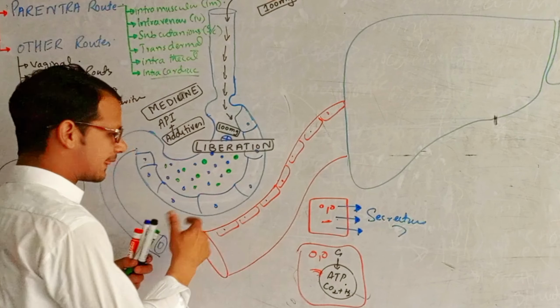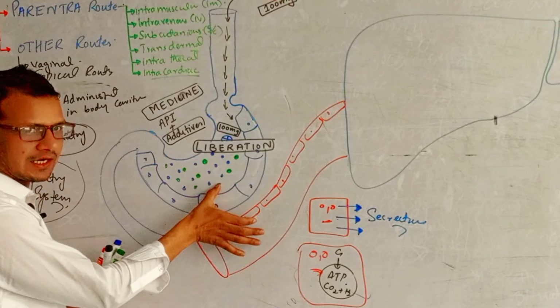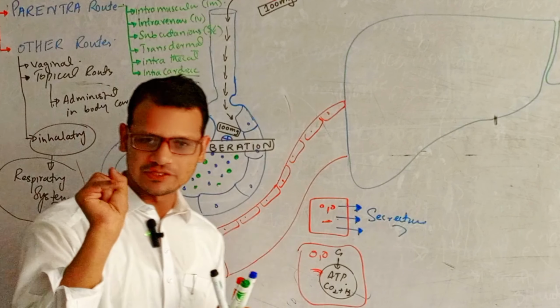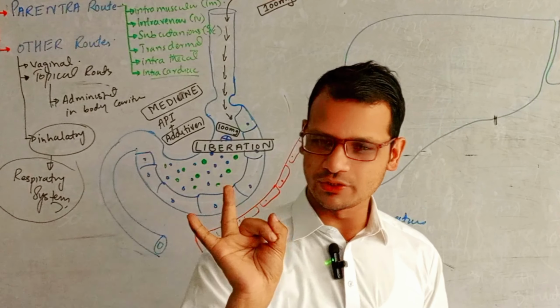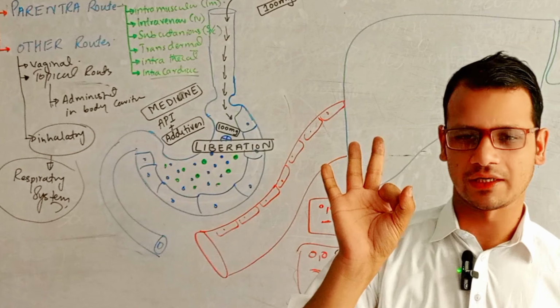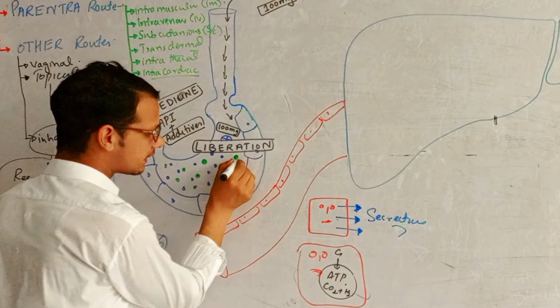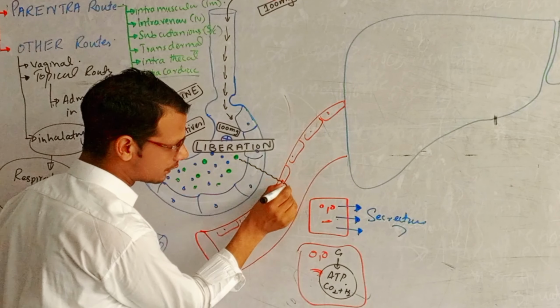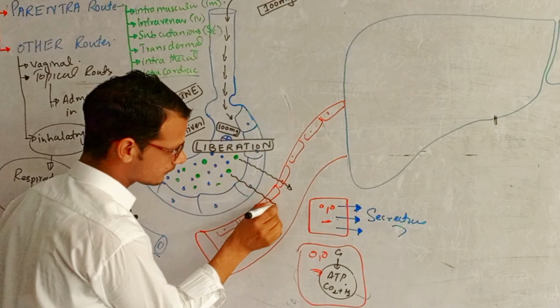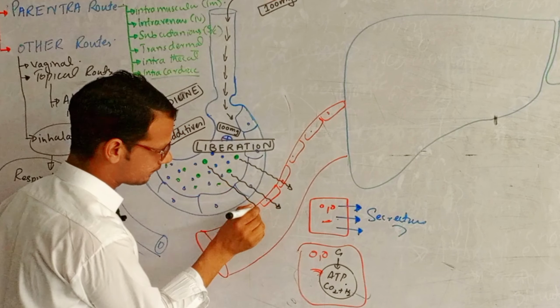From here, now this is the area where passive diffusion, active transport, and endocytosis will work, because this is the absorption step. From here, this drug will be absorbed into blood.